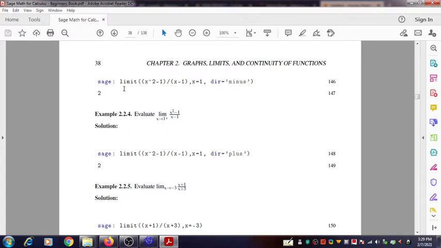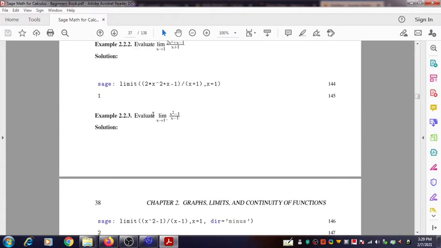This is the command used. The first part of the command is the same, but there is a slight change we want to make inside the last part of the command. The point at which we want to obtain the limit is x equal to 1, but the limit must be calculated from the left hand side.